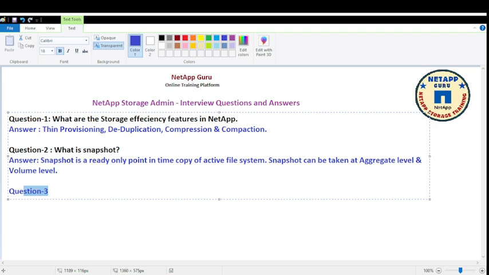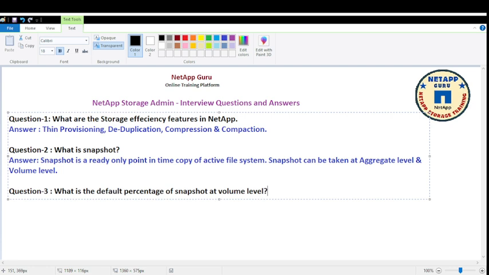Question number 3. Okay, what is the default percentage of snapshot at volume level?